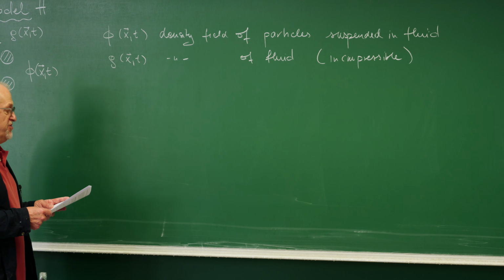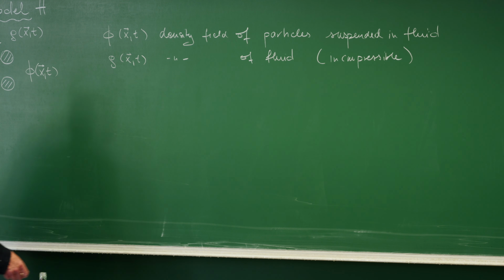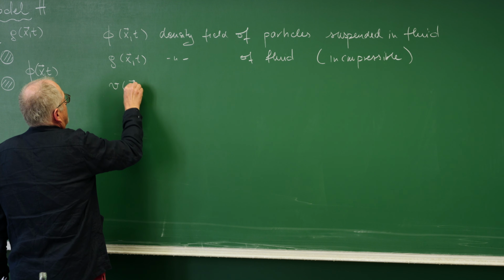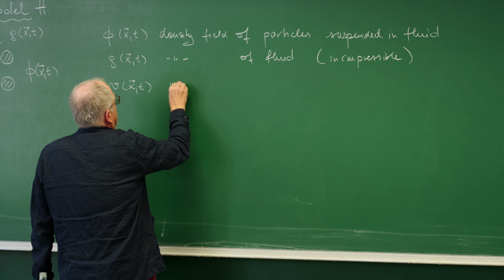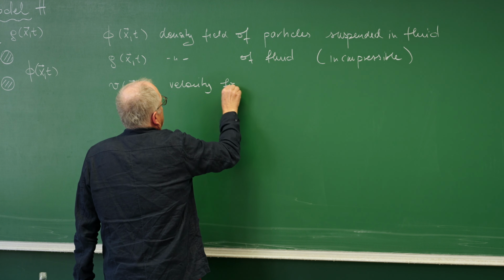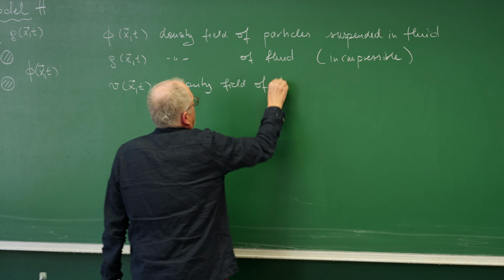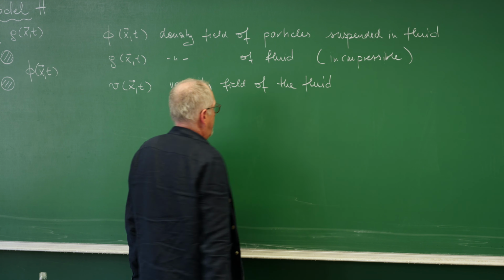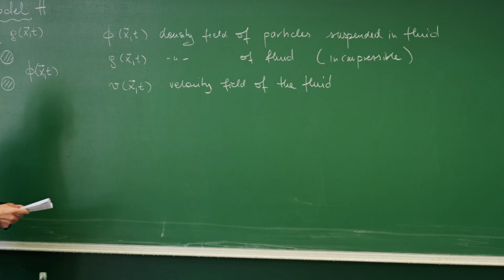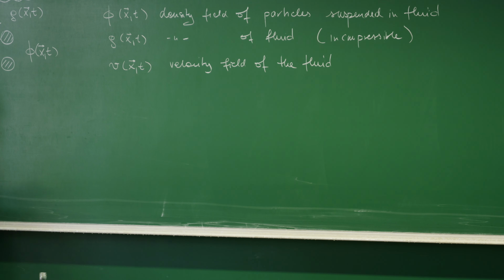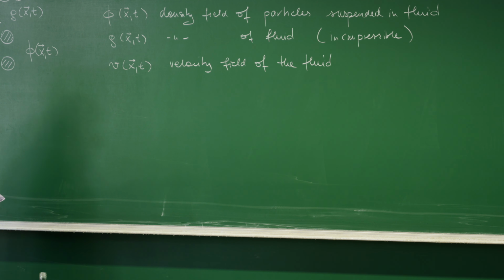So that means divergence of the velocity field that describes the fluid is zero. So that's the velocity field of the fluid. And that's it. Those are the variables that we consider. All the other ones are derived quantities.